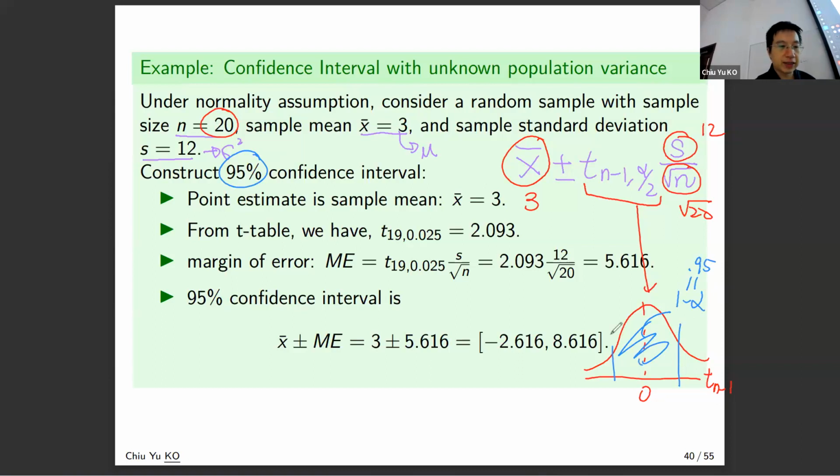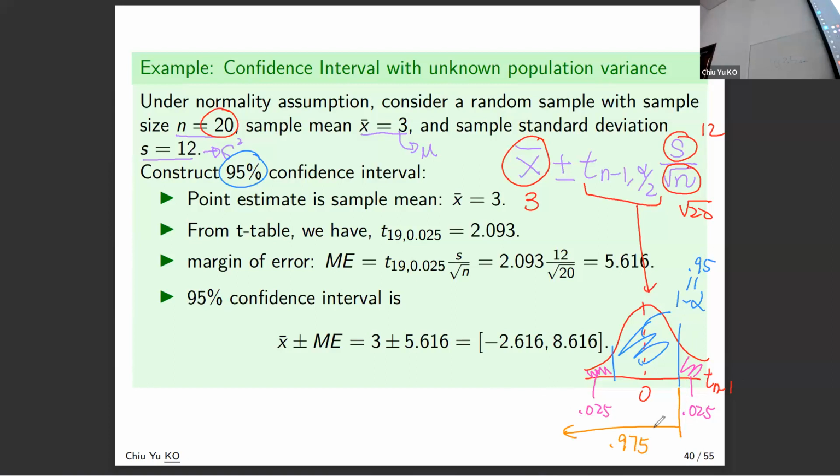And that means that both sides are 2.5%, 0.025, right? Because the middle is 95%, overall 100%, so both sides 5% total, right? Is that clear? So basically, what I want is, from this point, I go back, I want 0.975. All right? That is what I want.